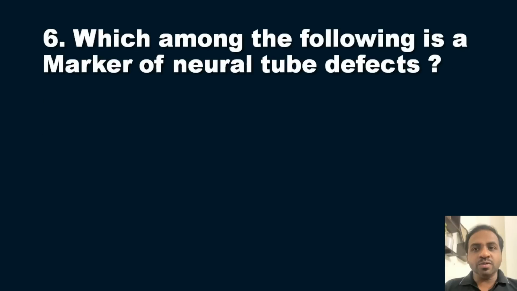Now we will move on to the next question, that is the sixth question in our series. Which among the following is a marker of neural tube defects? We know that there are several tumor markers or disease markers, so that is very, very important. Here I am asking about the neural tube defect marker.